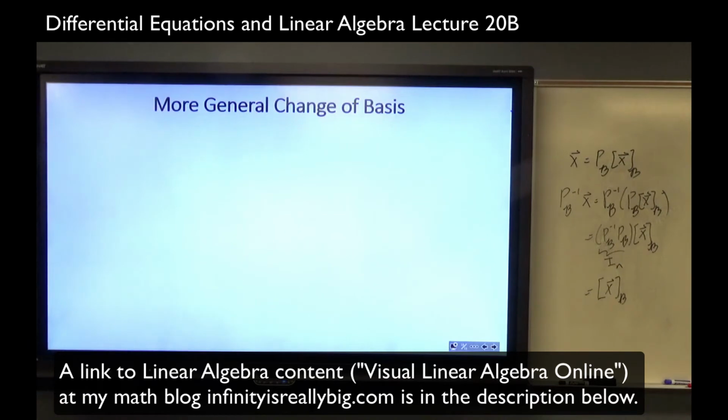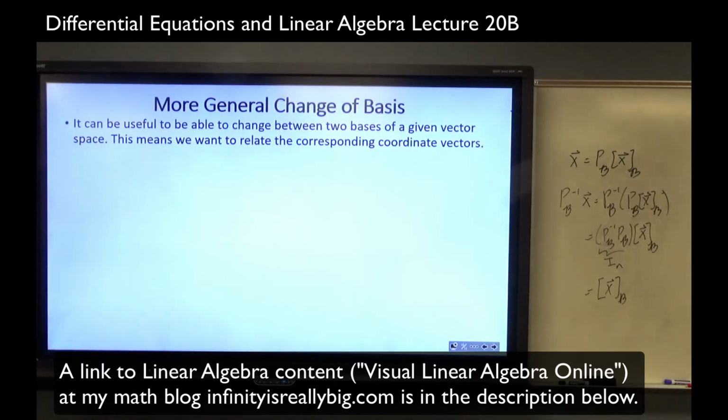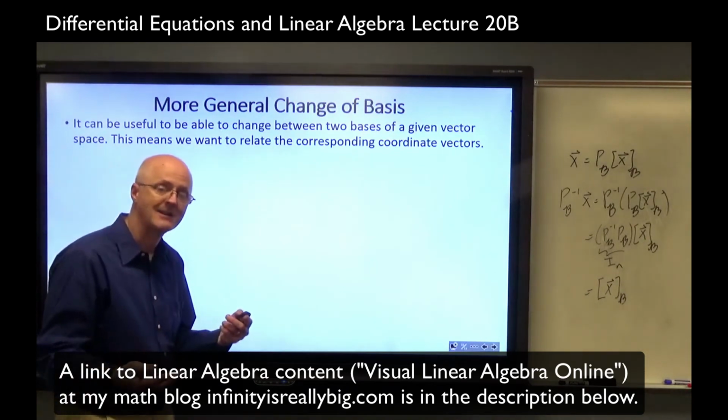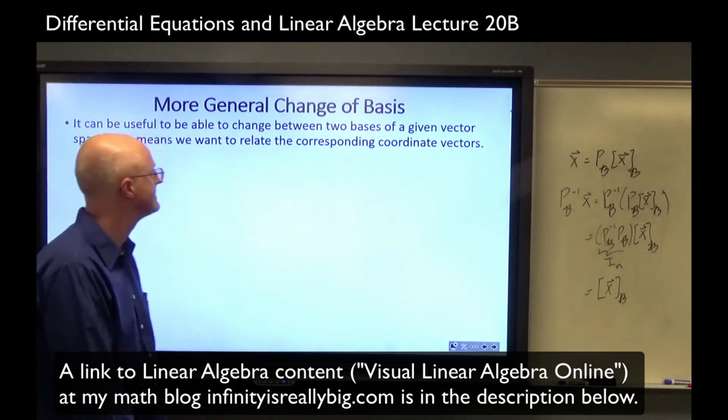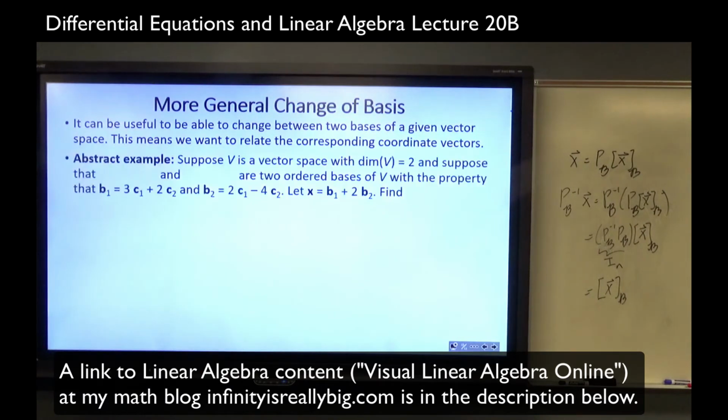More general change of basis between arbitrary vector spaces, or in fact a single vector space with two different bases, is what we have here. It can be useful to be able to change between two bases of a given vector space, an abstract finite-dimensional vector space. This means we want to relate the corresponding coordinate vectors. Here's an abstract example.